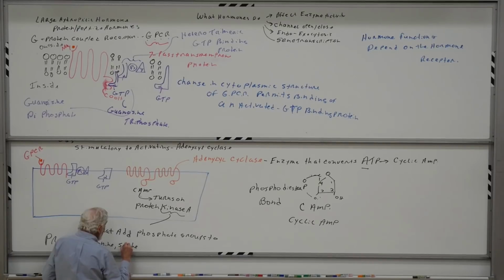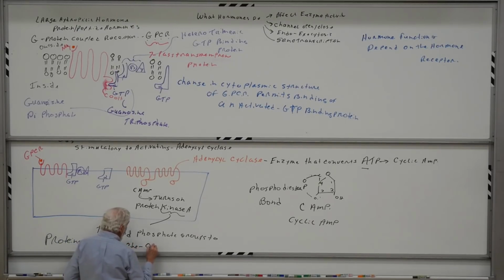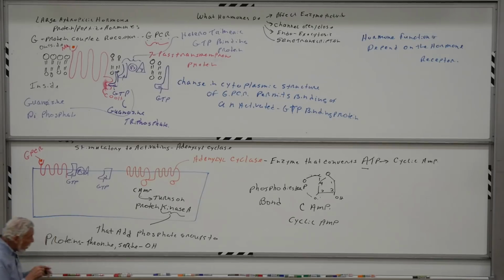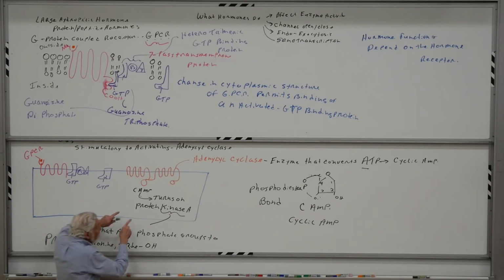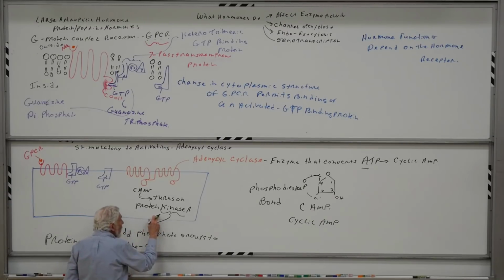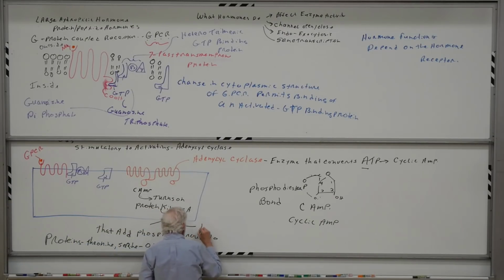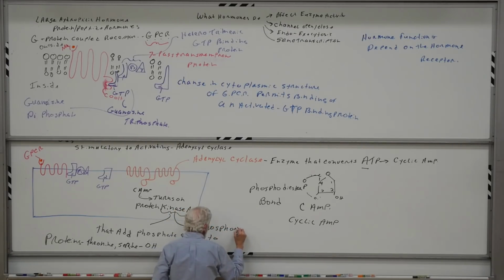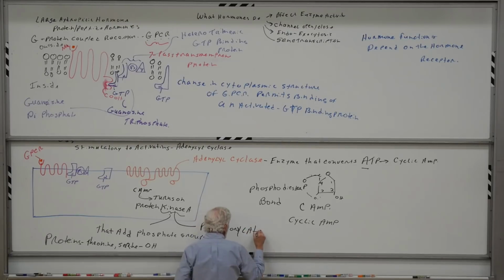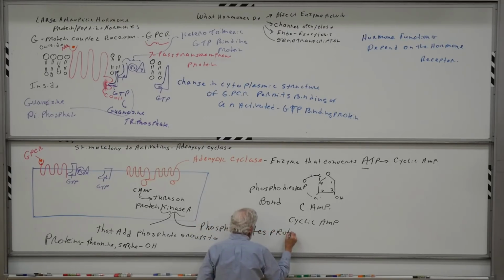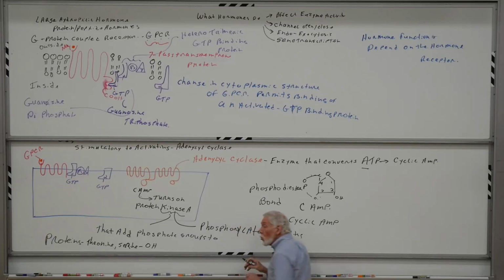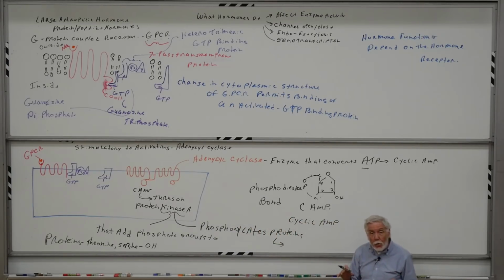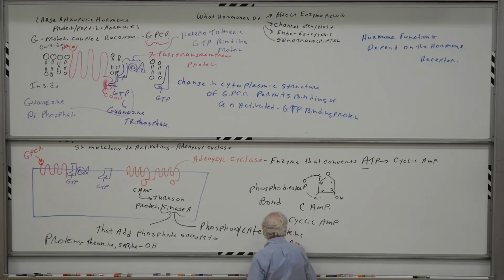And what makes these amino acids special is they have a hydroxyl group on them. We can use that hydroxyl group to make a phosphate linkage. So now protein kinase A has this ability. We can say the protein kinase A phosphorylates proteins. And whenever you add this enormous phosphate group to a protein, you alter the protein functioning.